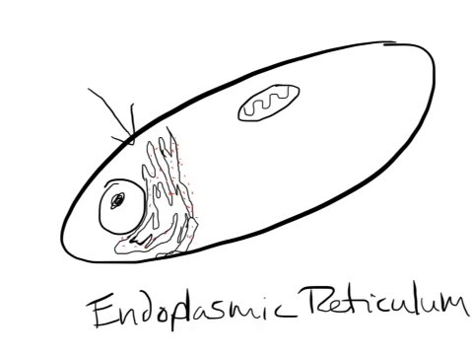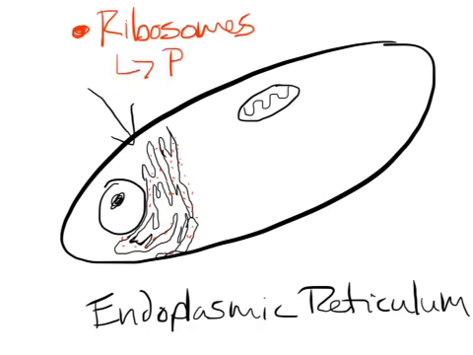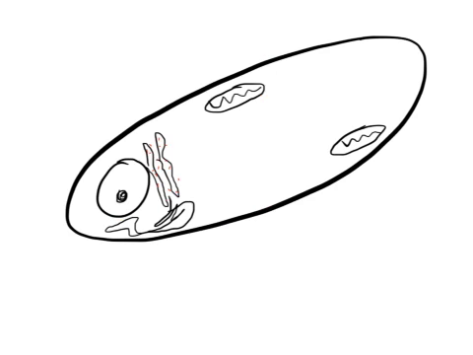So these red dots are called ribosomes, and their function is to make proteins. So the ribosomes, the little dots, make proteins, and the endoplasmic reticulum, which is kind of that black folded pancake looking organelle, helps give the ribosomes a place to make proteins.